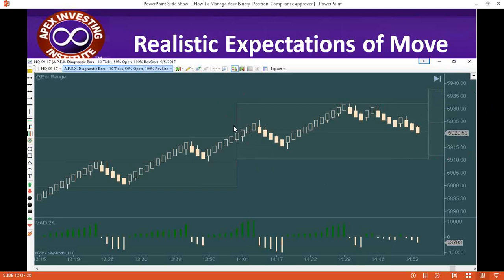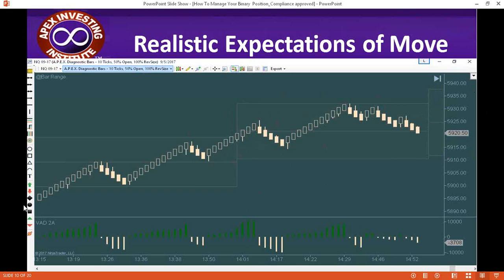How much volatility is normally in the market? What's the highest the market normally goes to? What's the lowest? What type of move does it normally make within this hour? Does that make sense? So this box is not drawn after. At the top of the hour, this box is already drawn forward.